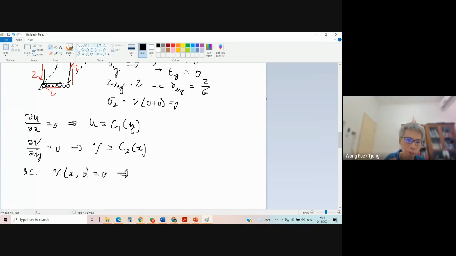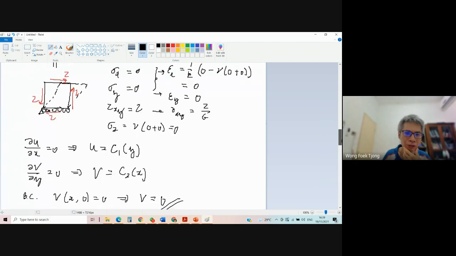So v is exactly 0. How about u? Of course not 0, right? Does it make sense that v equals 0?